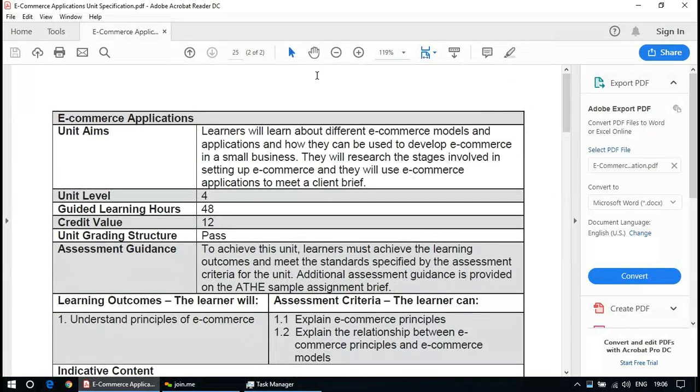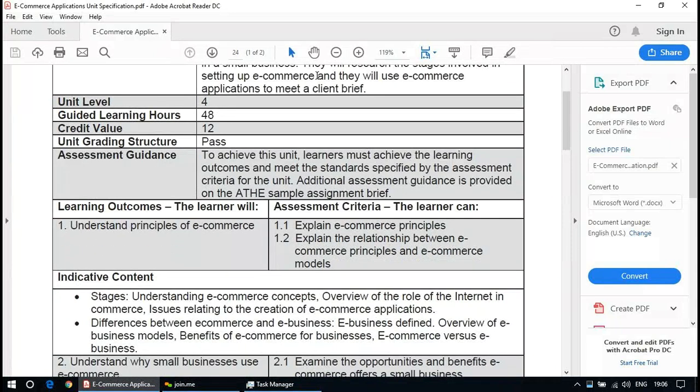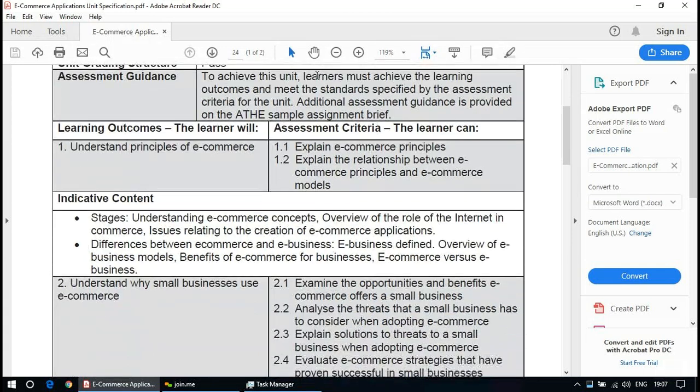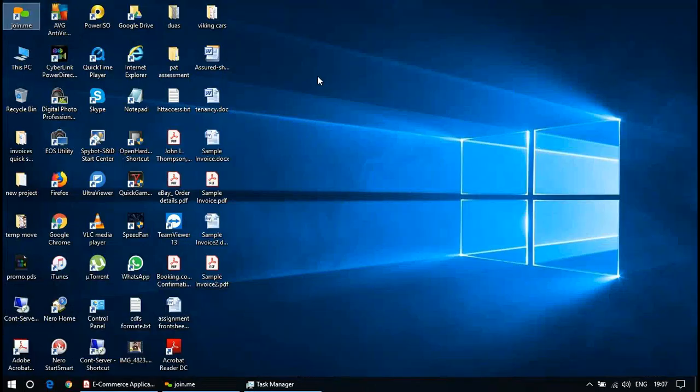Okay, so e-commerce applications. Last time we discussed the principles of e-commerce, and the relationship between principles and models.